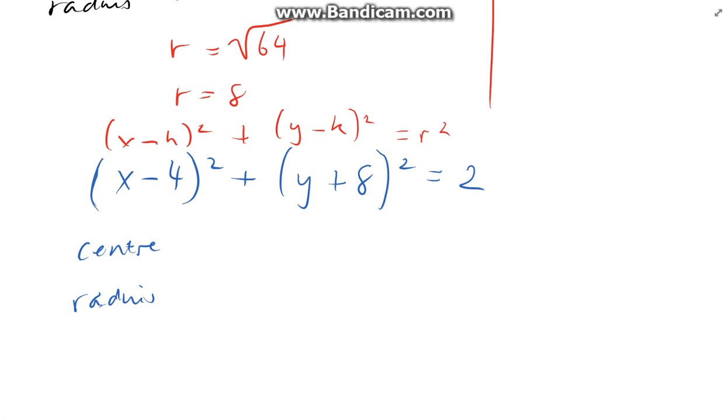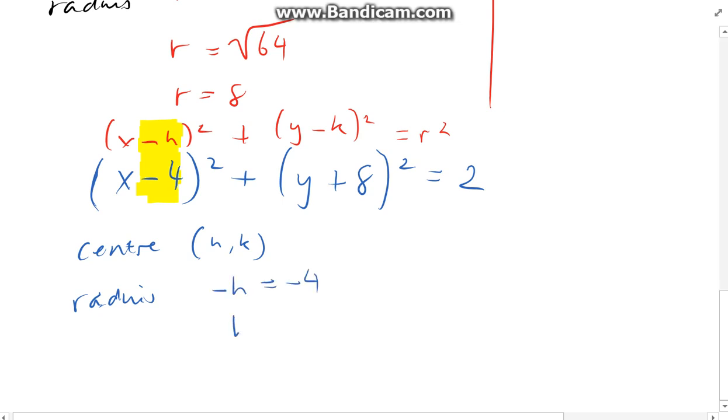So really important here to see, I know that h, k is my centre. Your log tables will also say that. So I need to find h and I need to find k. If I look here, it's minus h, and minus h is equal to minus 4. So minus h equals minus 4. Therefore h is going to be equal to 4, because if I change the sign of that, I have to change the sign of the other one.